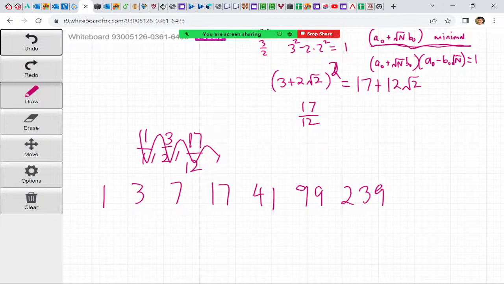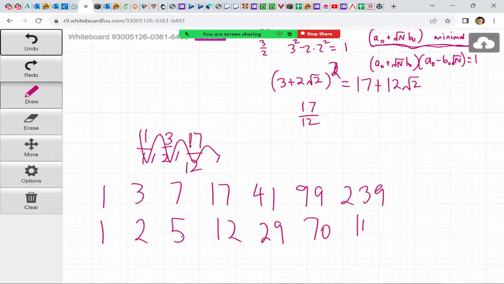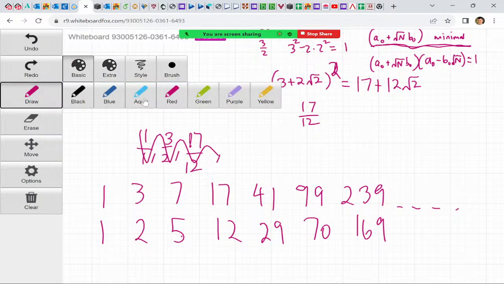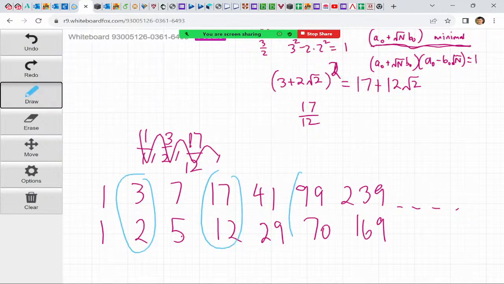You just keep going like this, so we're assuming we know that these are the solutions.